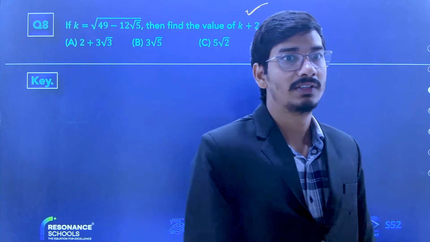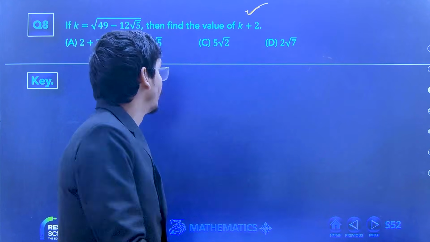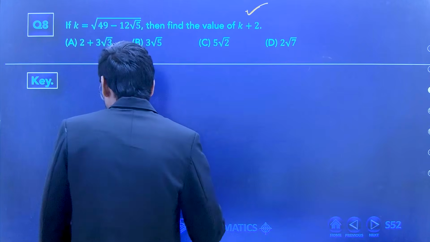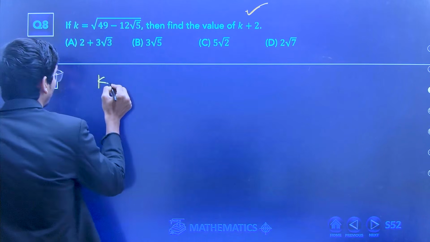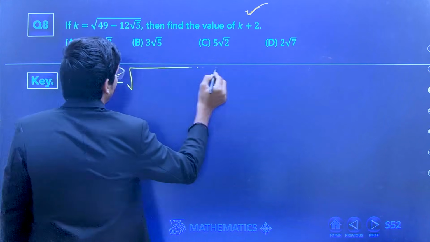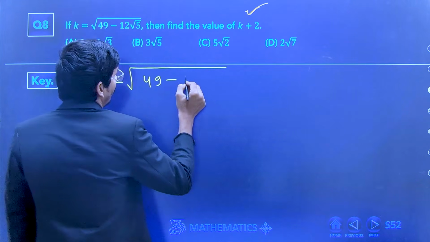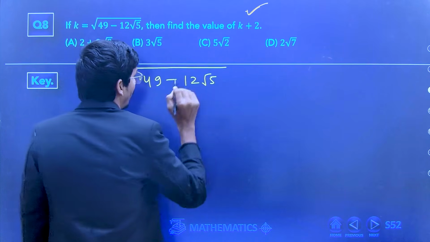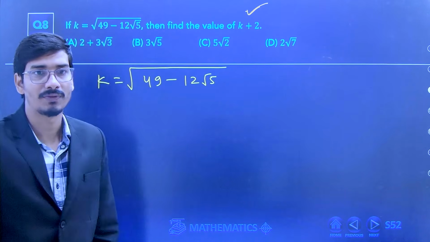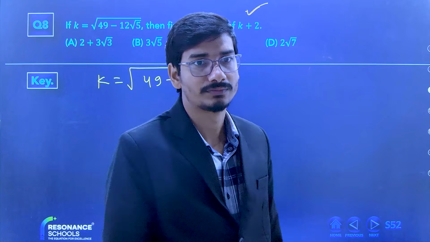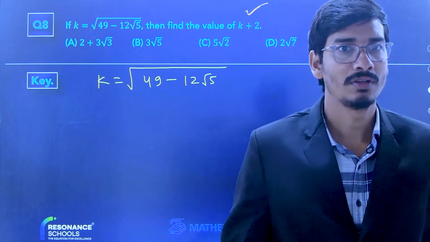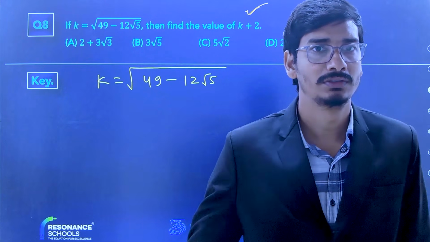So try to understand this question carefully. Okay, now how I am doing this question. It's given k equals the square root of 49 minus 12 root 5.